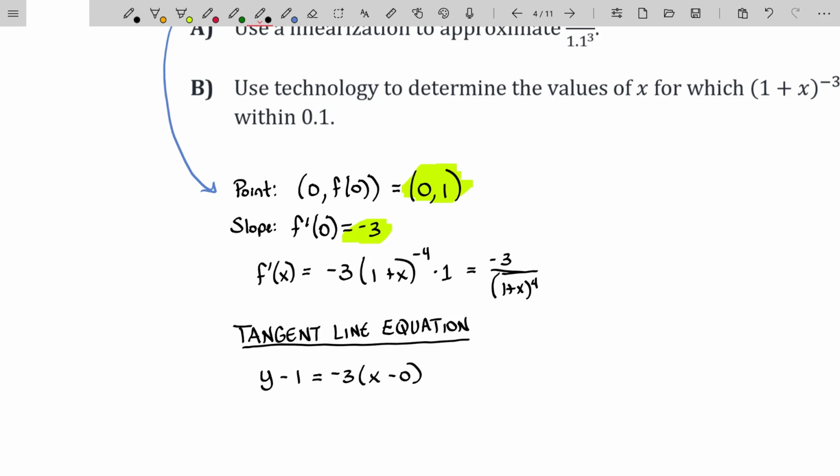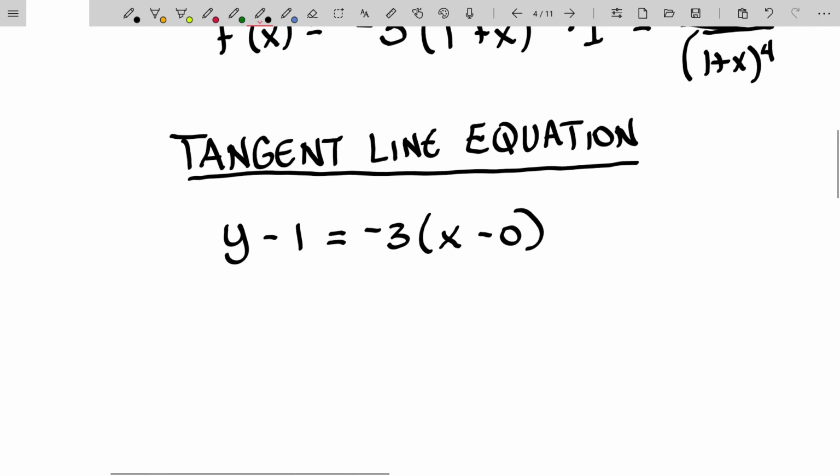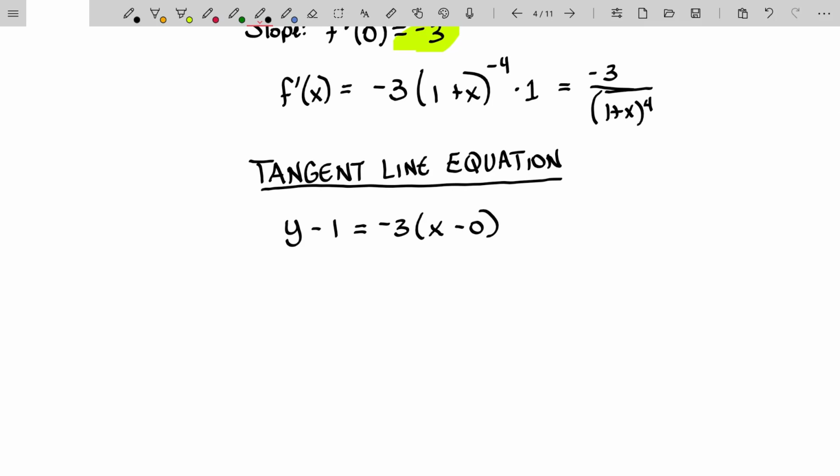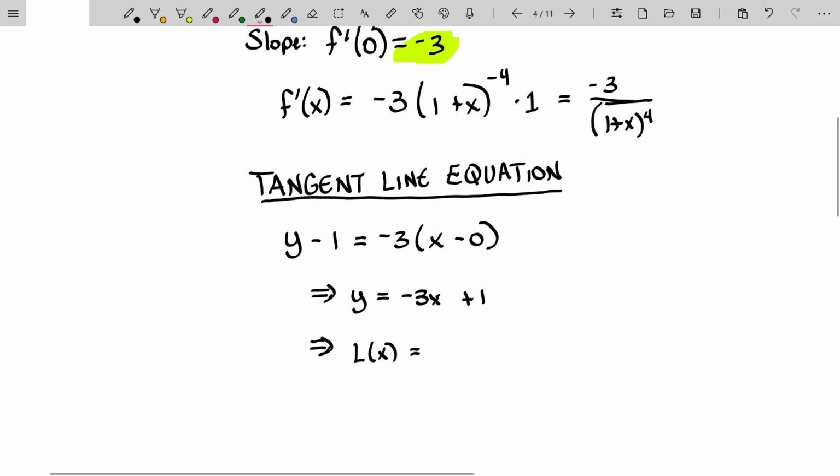Now, obviously, in this case, it doesn't matter, but I do want to reiterate that you normally do not want to distribute through those parentheses. So this will be negative 3x plus 1. That's our tangent line, and we are going to call that L of x for the line. So negative 3x plus 1.